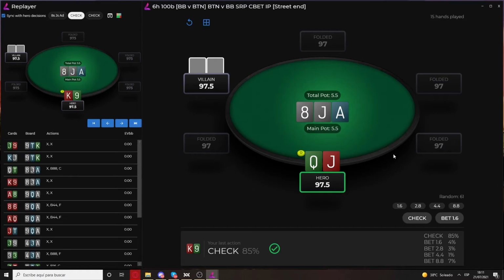Queen jack here. This is going to be a lower frequency bet than overall. So if overall is going to be around 50%, queen jack is going to be maybe around 20, and always for the small sizing. I think on this roll we're going to check.